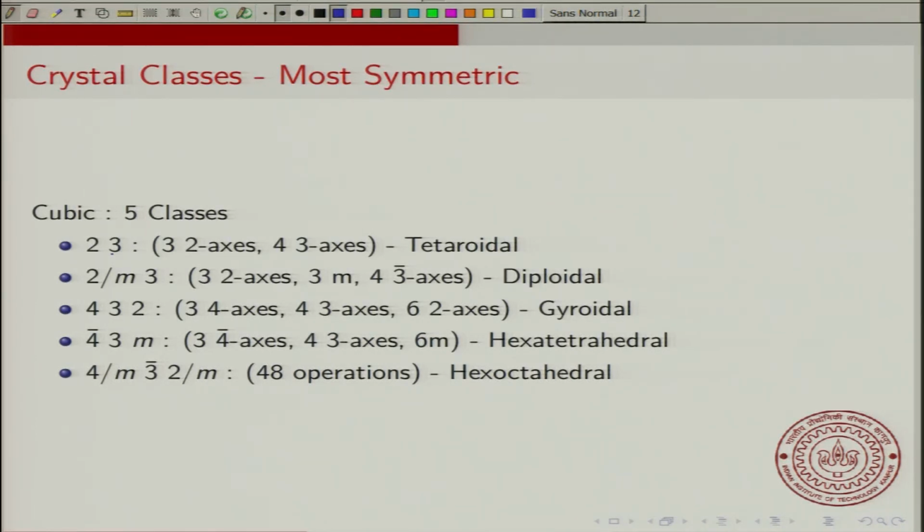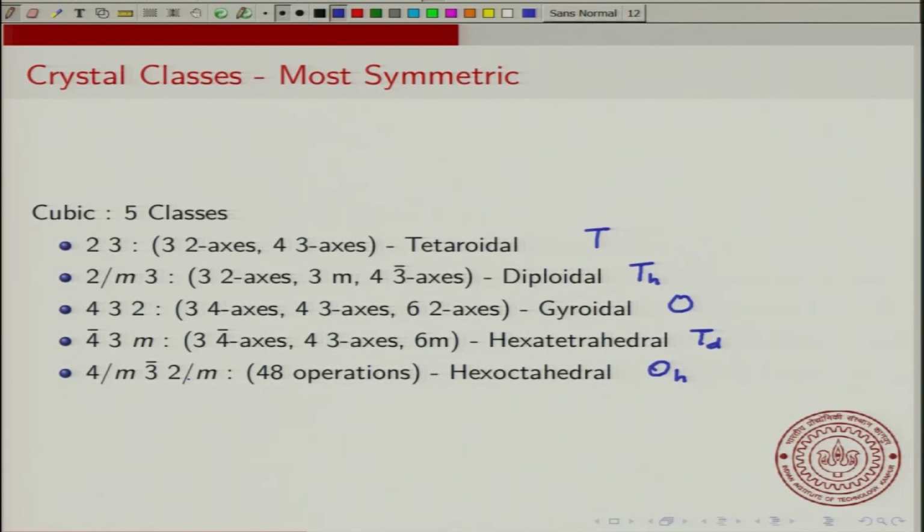In Schoenflies, the symbol is just T. And then this is Th, this is O, Td, and this is Oh. So the 48 operations group, which is 4/m 3 bar 2/m, is the octahedral point group.